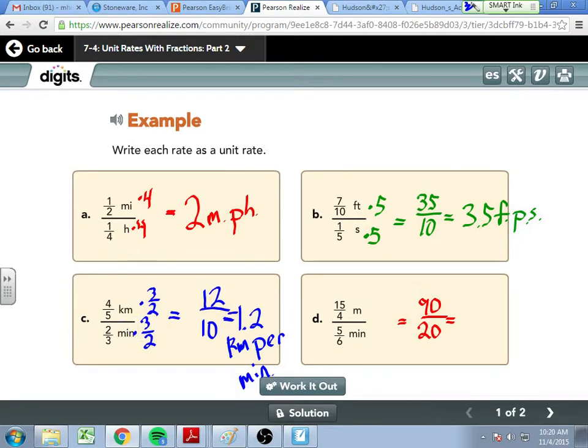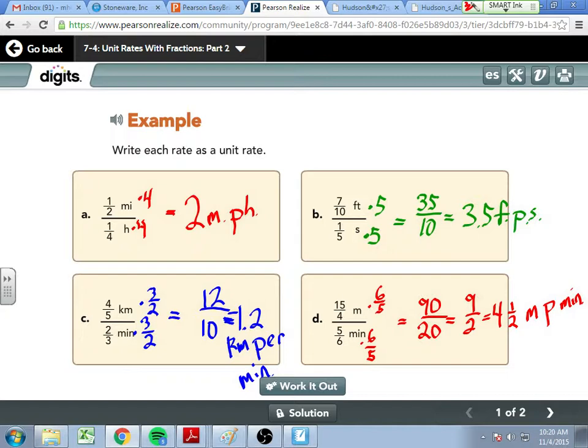And this got really messy because of the smartboard. We multiply it by 6/5. The denominator disappears. We get 90/20, which reduces to 9/2, which then reduces to 4.5. That would be meters per minute.